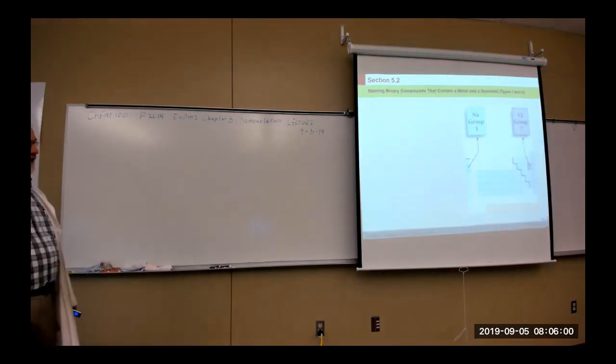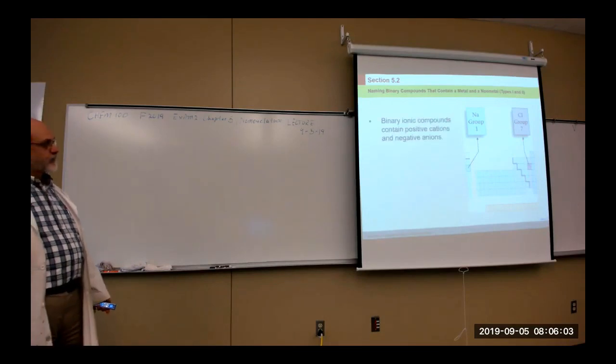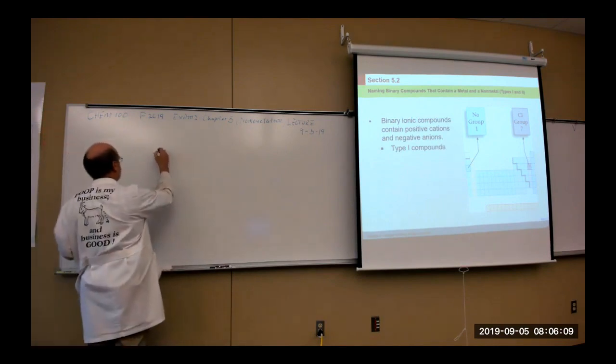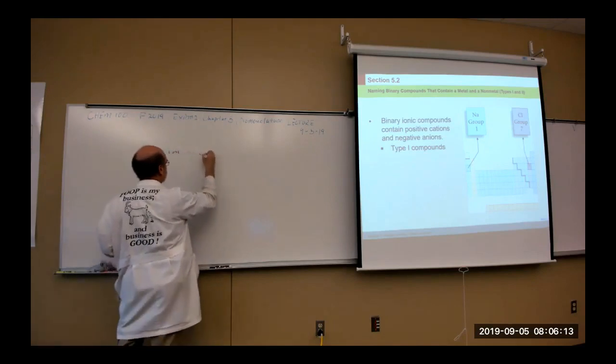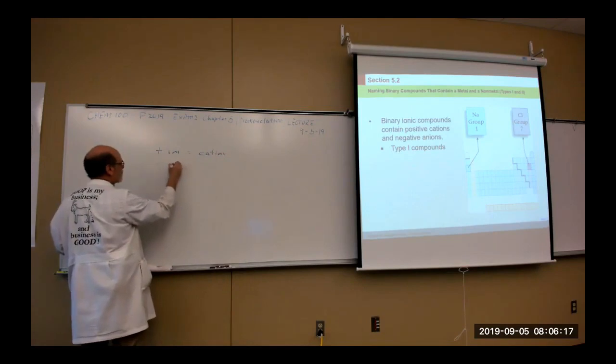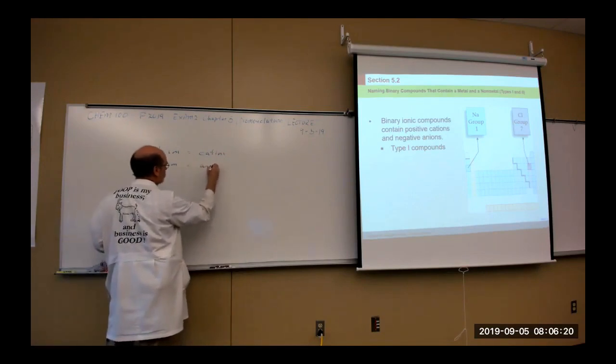Okay, so we mentioned that. The positive charged ion is called a cation, and the negative ion is called an anion.